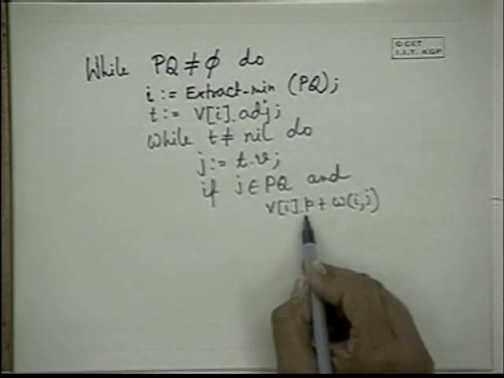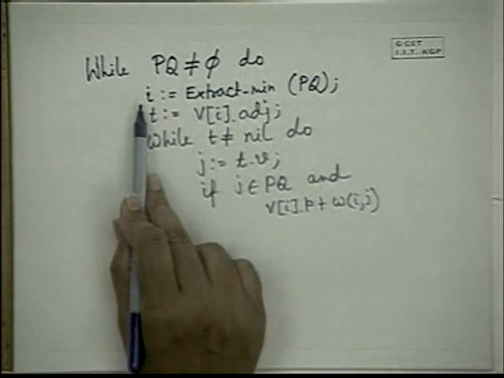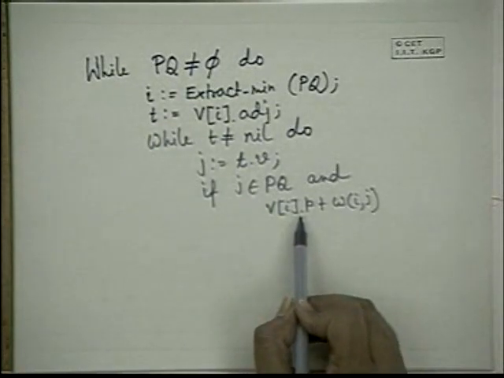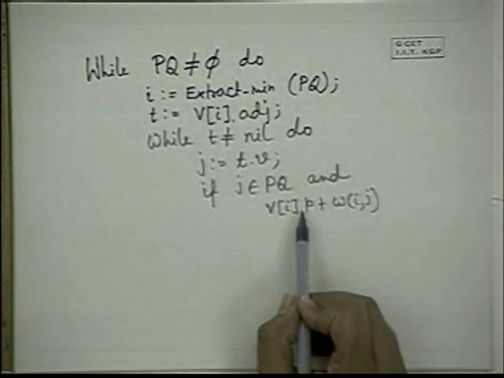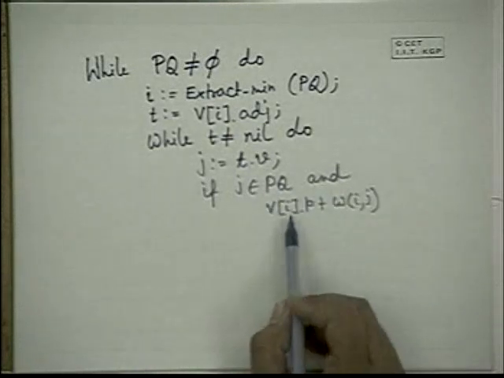So Vi dot P. So you are going to include the ith vertex. When you include the ith vertex in the set S, you have to update weights of all the other vertices which are neighbors to it, because their weights may be changed by including I in the set S, and that's what it is doing.